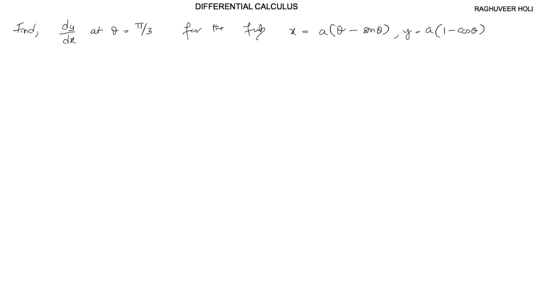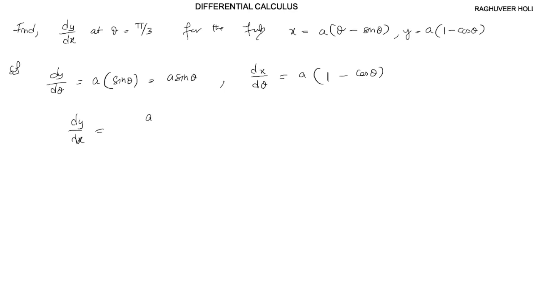Here theta is the parameter, so let us first find dy by d theta. This is a times sin theta, since a is a constant. And dx by d theta is a(1 minus cos theta).